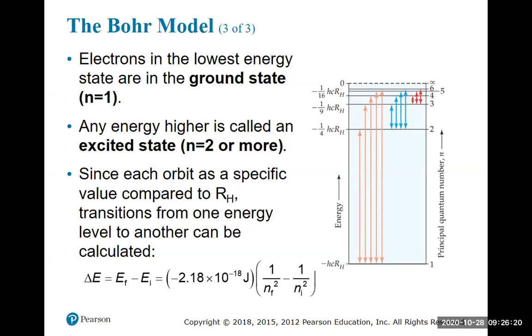Once you go to one of those higher energy states, it can only come down to one of the allowed energy states that are present. And then the photon that's emitted will be of that energy. That's the difference in the energy states.